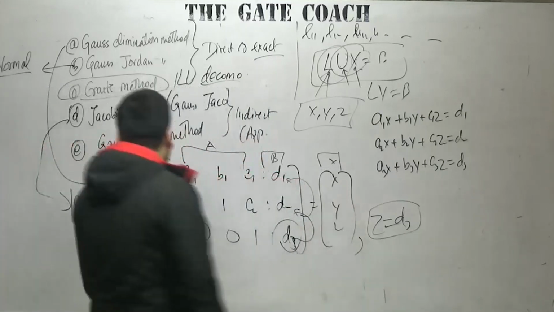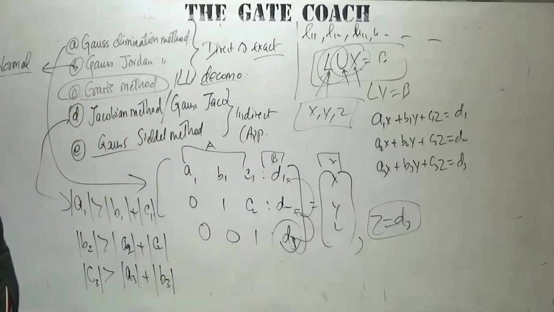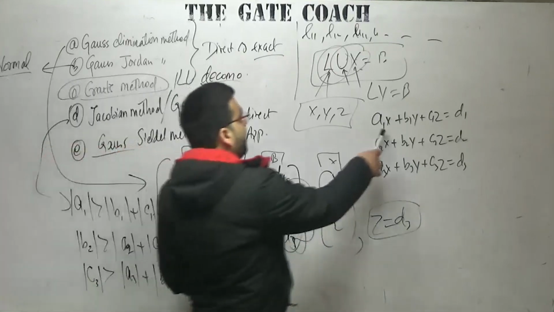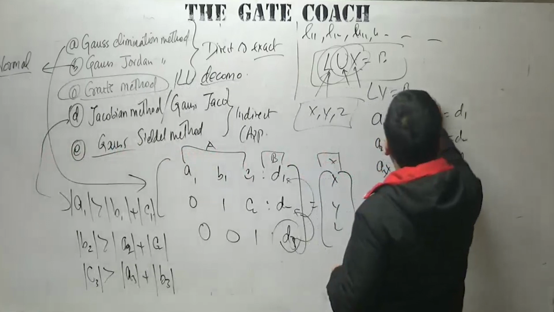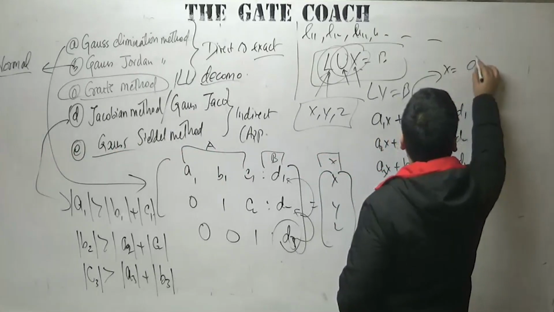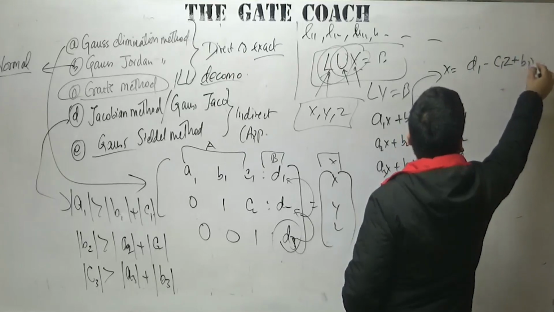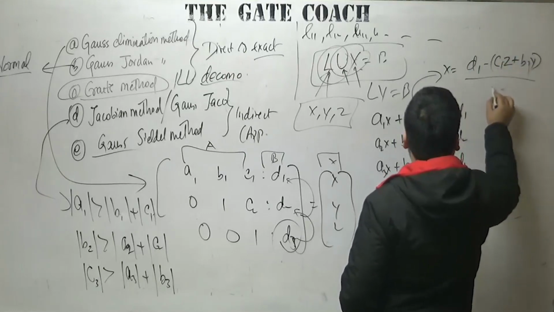So if this condition is valid, then only the formula of the Gauss-Jacobi method will be valid. So what we do is that we calculate the value of x from here. So x will be equal to what? From here x will be equal to d1 minus, taking the bracket common, c1z plus b1y, divided by a1.